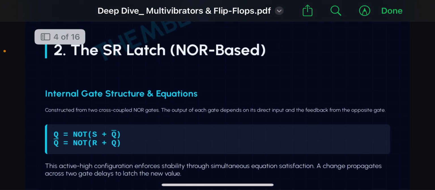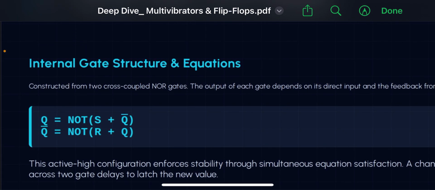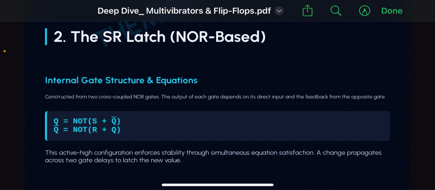Let's start with the first basic latch, which is what you call the SR latch. The SR latch makes use of NOR gates. Two NOR gates are cross-coupled together, right? You can see from this Boolean statement, I think you can draw and come up with a NOR gate from that.